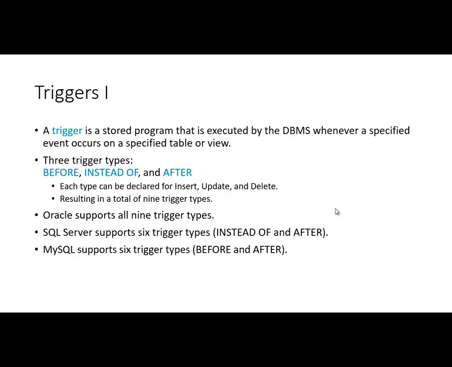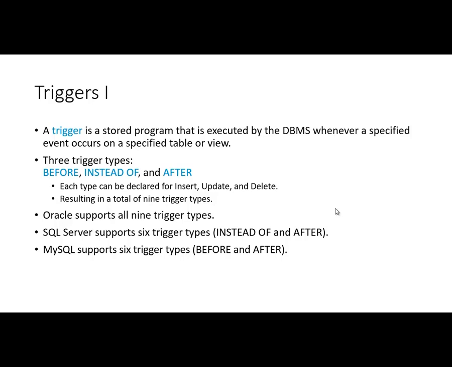Another SQL statement that can be used when creating the database is a trigger, which is a stored program or a program code that is executed by the database management system whenever a specified event occurs on a specified table or view.